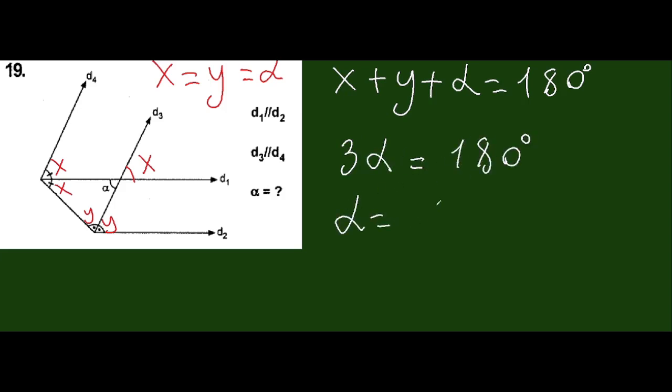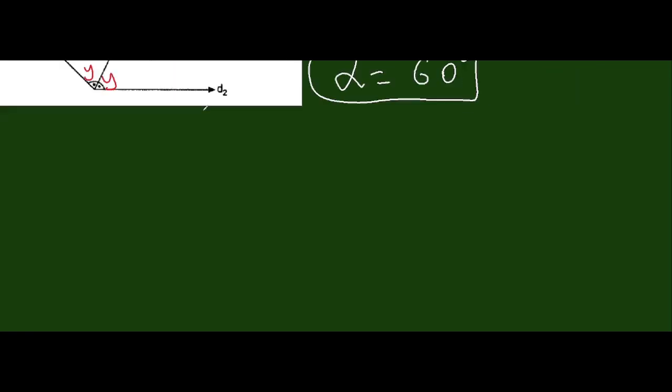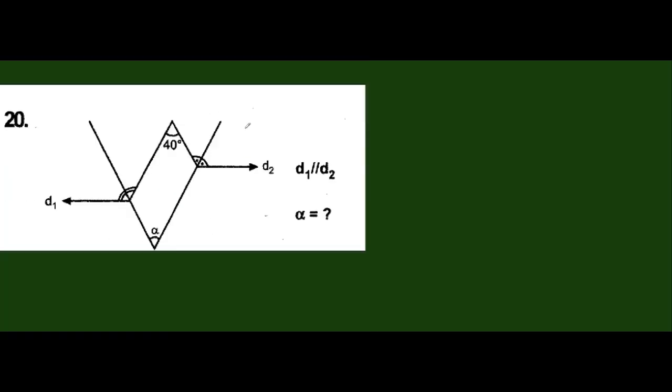From here, alpha will equal 60 degrees. It seems easy, but you have to pay attention to these lines. If they are not parallel, you cannot write that they are equal. So the next question is the hardest one.